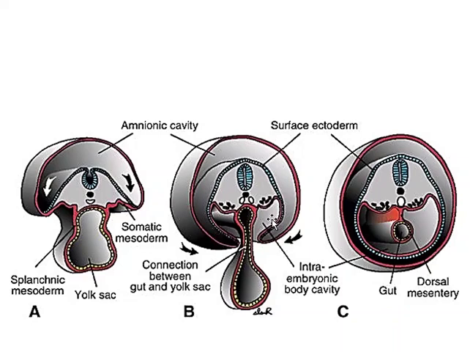And here we have the intra-embryonic cavity appearing. This is the yolk sac and the connecting part of the yolk sac. And finally, here we have the gut and body cavities.